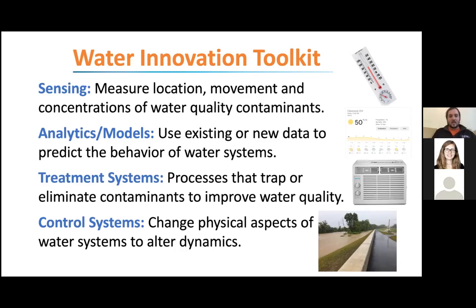So this is all to say that these four core tools, sensing, analytics and models, treatment systems, and control systems, are a lot of the ways that folks who are approaching water issues from a technology or innovation perspective look at applying to individual problems.